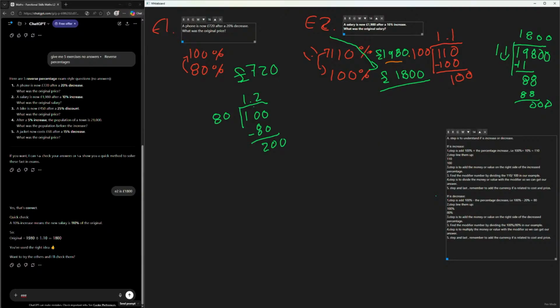I have a feeling it's gonna be 1.25. Let's see. So this is gonna go 160 because 8 times 2 is 16, so the 0 is 16. Then it gives this, so yup, and gives us 0.